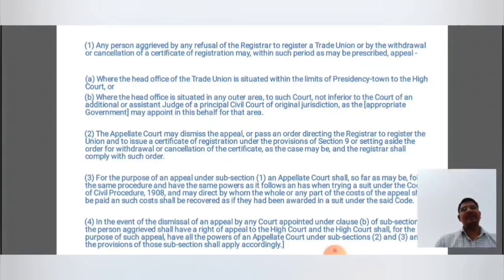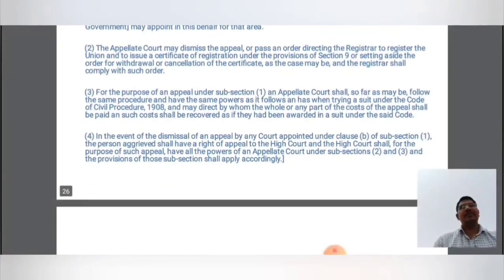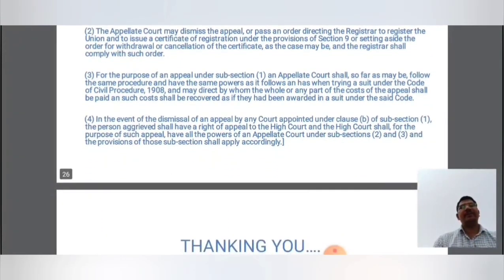In the event of dismissal of the appeal by the court, under clause B of subsection 1, the person aggrieved shall have the right to appeal to the High Court, and the High Court shall, for the purpose of such appeal, have all the powers of the appellate court under subsections 2 and 3, and the provisions of those subsections shall apply accordingly.